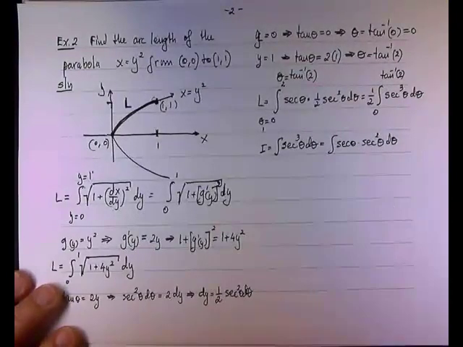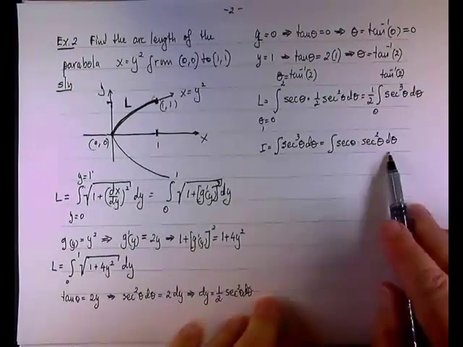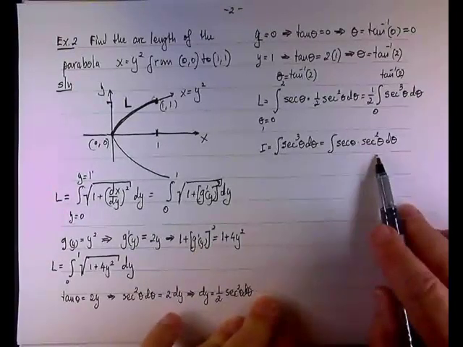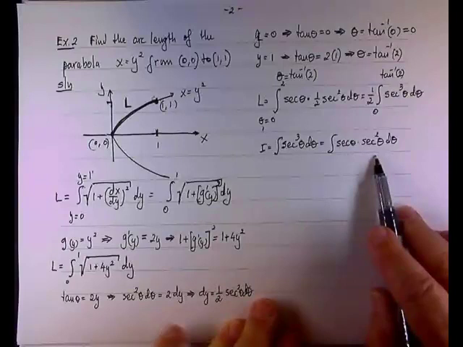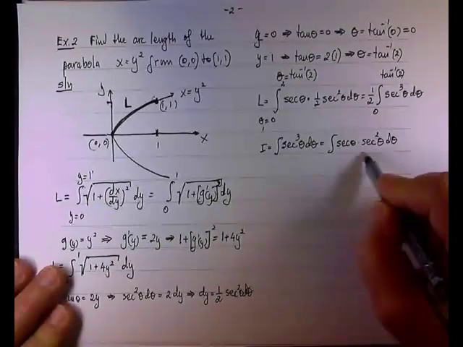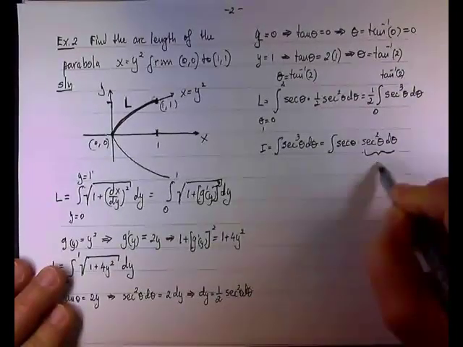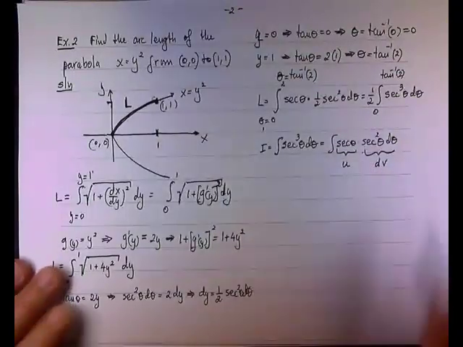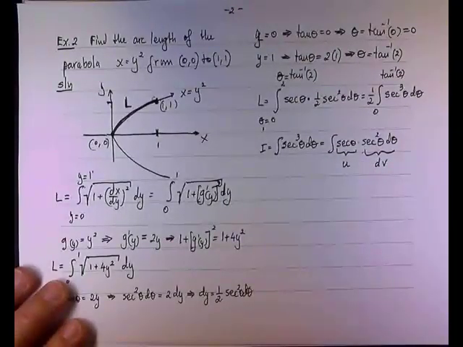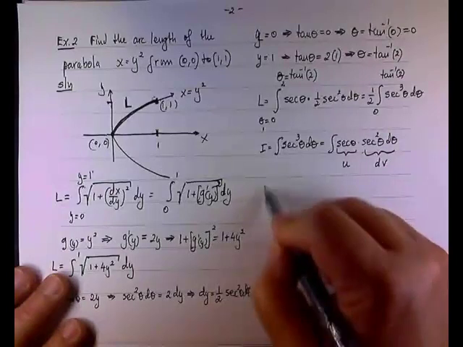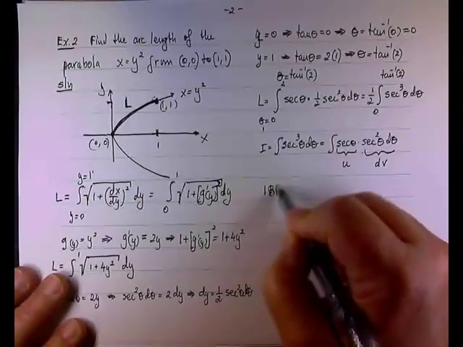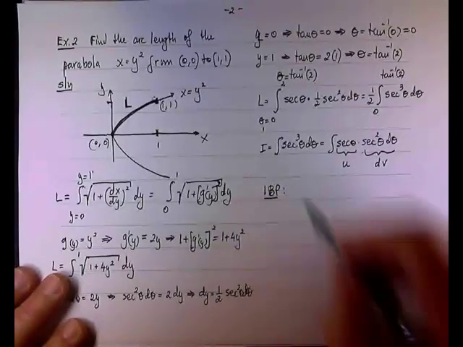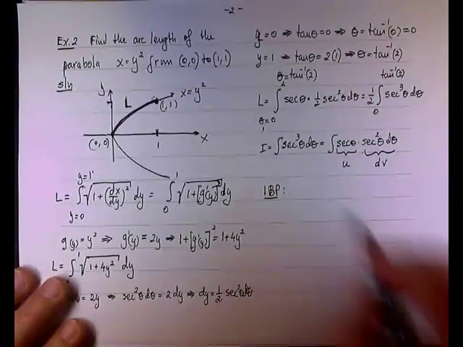Now, why did I do something like that? Because this part is the derivative of the tangent. So this is very good to be dv. And this part will be u. So I'll continue with integration by parts. This is a good preparation for the test.